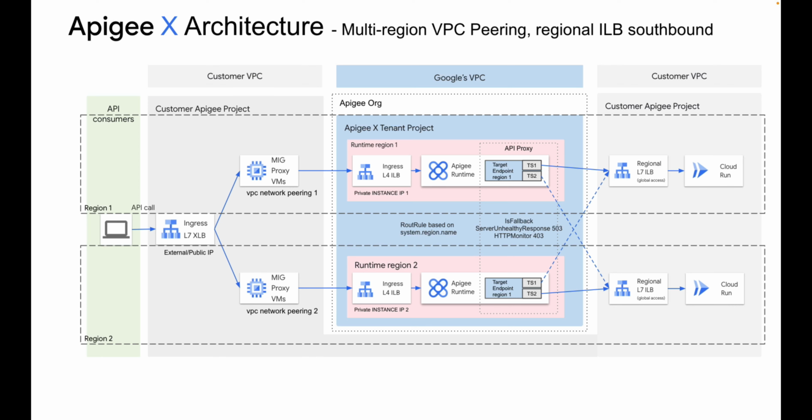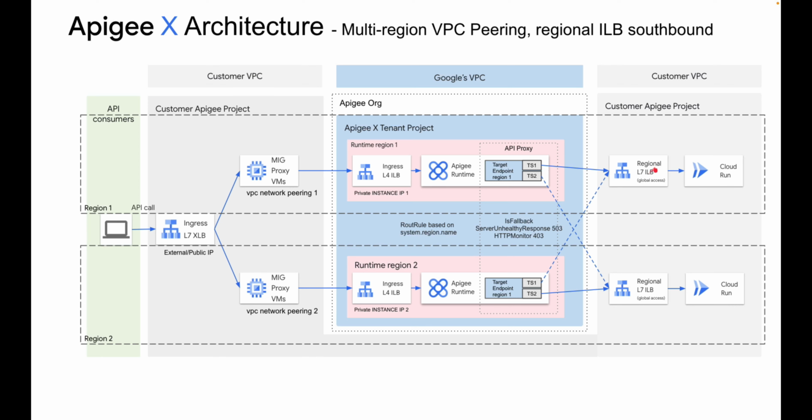If you stay in the Google Cloud network, you have different possibilities in terms of backend. Here we have an external load balancer, just to quickly describe the northbound connectivity that gives access to two different Apigee X runtime instances in different regions. From here, you want to access some Cloud Run application. Of course, in front of your Cloud Run application, you may have an internal load balancer to control, as an example, the different certificates that are used to access these Cloud Run applications.